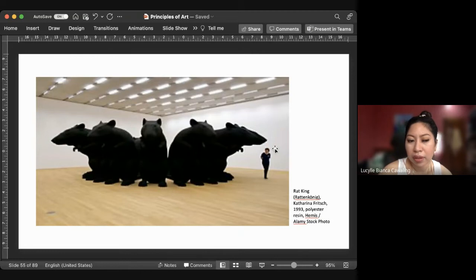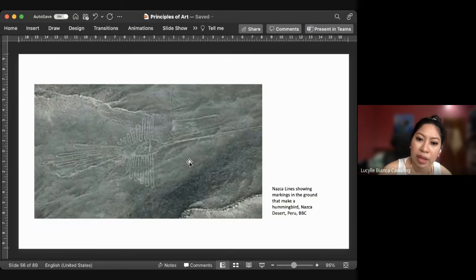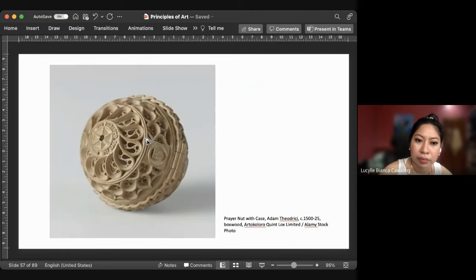And then this one also by Rat King. You could see how the scale of the rats are bigger than the person. So this is a sculpture. And then this one naman, the scale on the rock markings on the ground in Nazca Desert, Peru. And then this is miniature naman, miniature prayer.